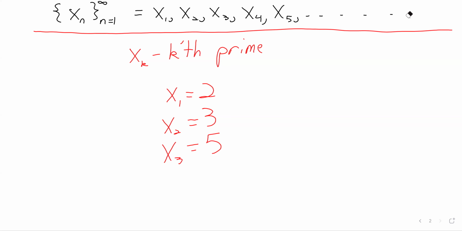So perhaps more convenient is having a formula that describes the elements of the sequence. And this is the method that we're going to be studying in most of calculus. You could say, for example, well, x sub n is n squared divided by n squared plus 1. And this is basically a function.